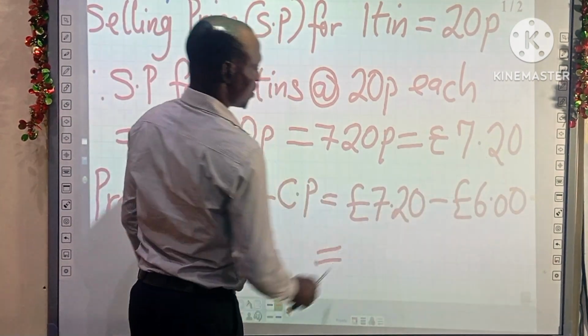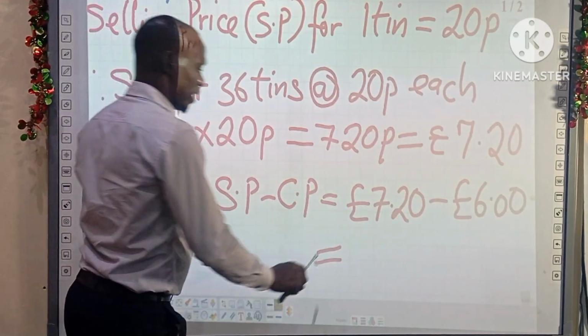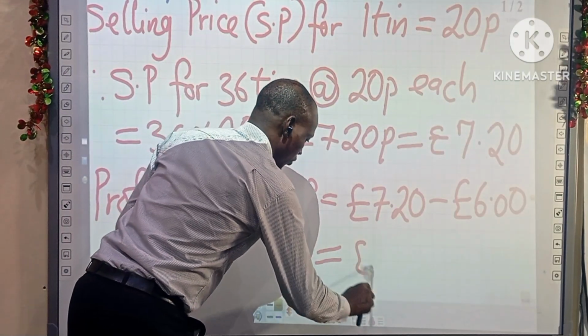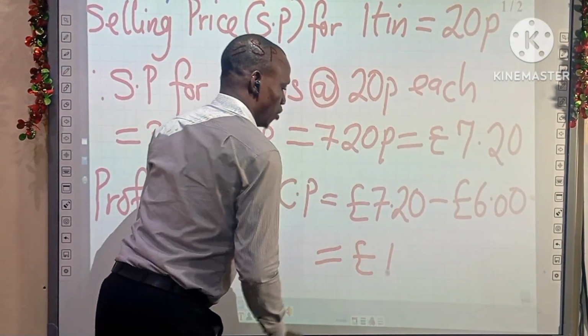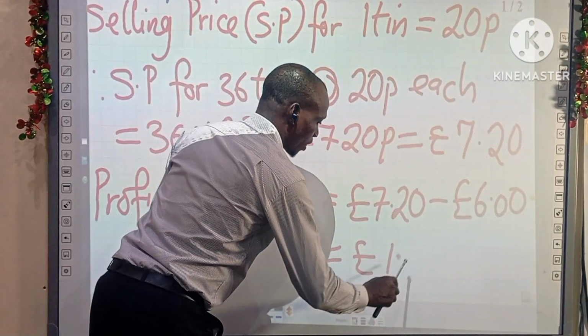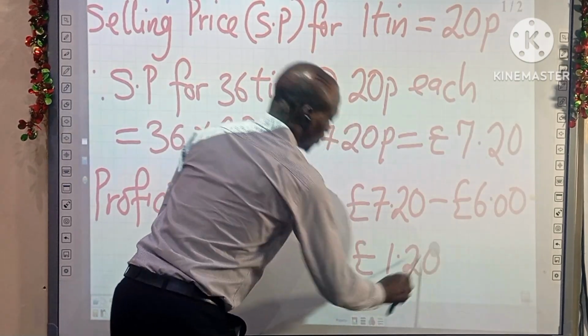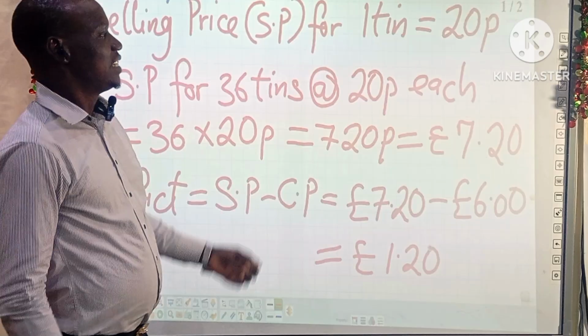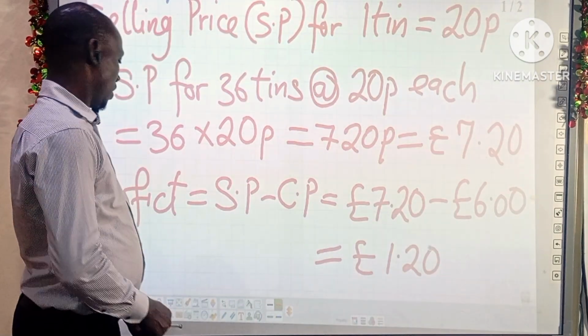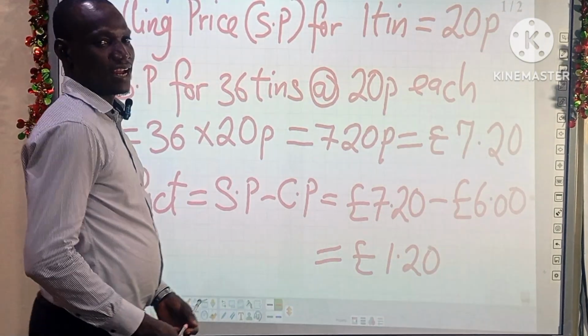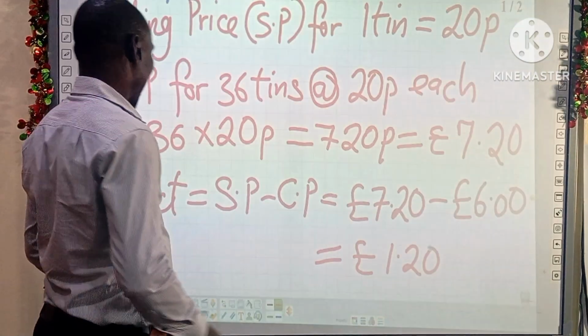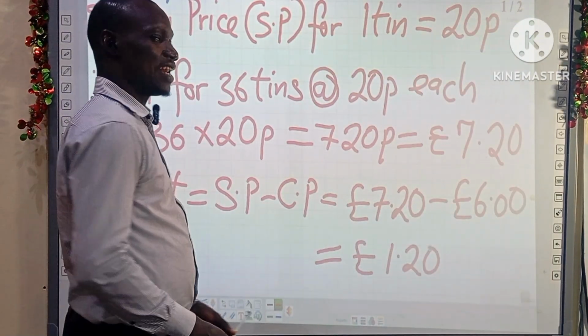When we subtract 6 from 7.20, we are going to have 1 pound 20 pence. This is the profit that my mother made from the question we saw earlier on. Now we're going to take our second question for today, and that will be on loss.